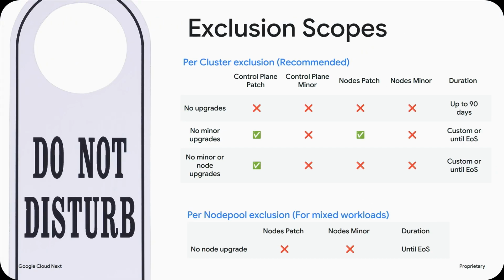In terms of maintenance exclusion, we have mostly per cluster exclusion on release channels. Last year, what we added is the ability to have a minor exclusion until the end of support.